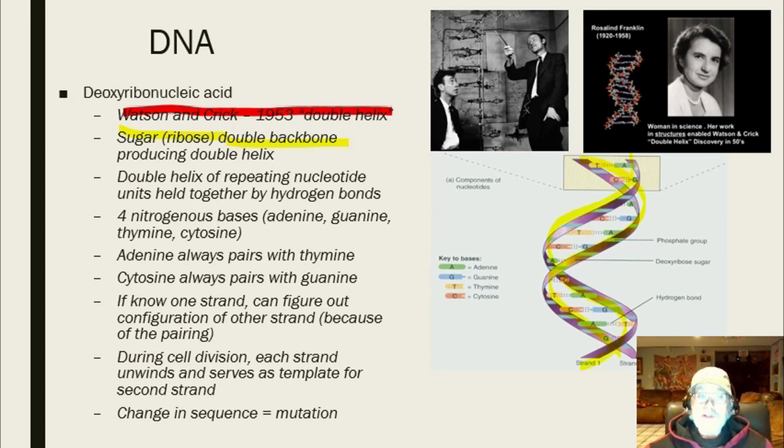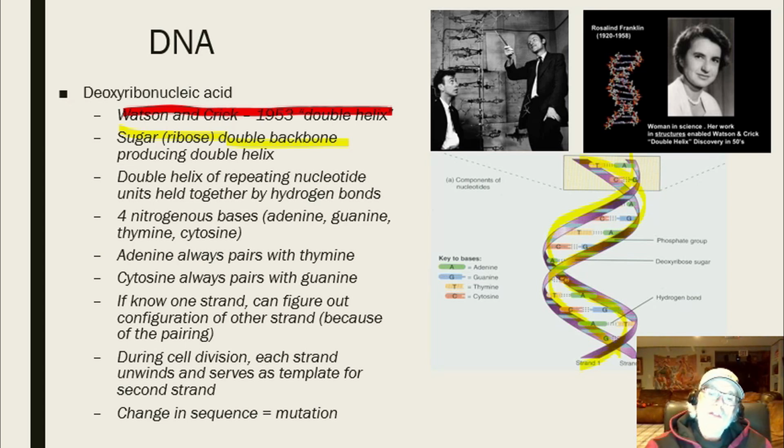Between these two ribbons of ribose sugar, I have these nucleotides, those nitrogenous bases, bound by the phosphate bonds and hydrogen and so on. These nitrogenous bases are opposite each other. Let's look at this picture.